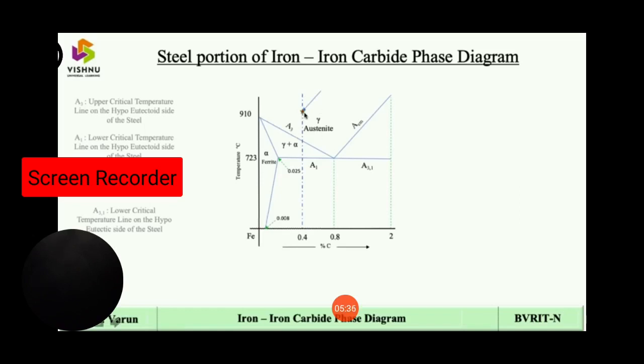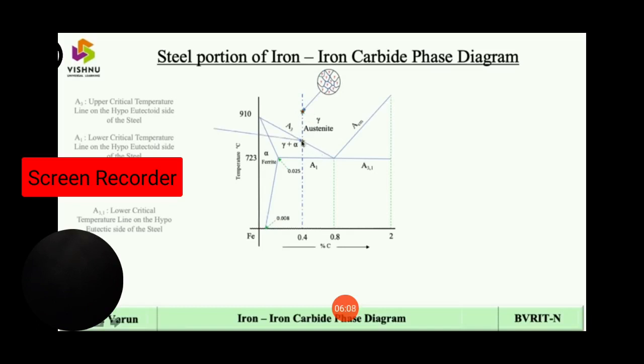At this particular point we get altogether austenite composition throughout, with 0.4% of carbon dissolved interstitially in the austenite grain boundary, and it will not have any difference until it reaches this line, which is the A3 line. So it will have the same 0.4% of carbon in the interstitial portion of the iron lattice up to the upper critical temperature line on the hypoeutectoid side of the steel.